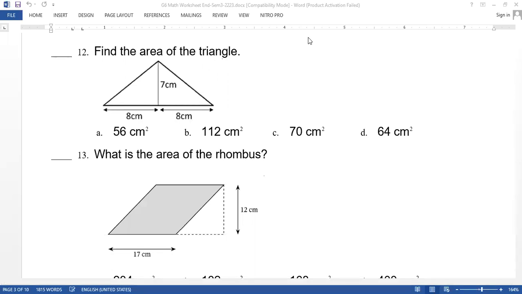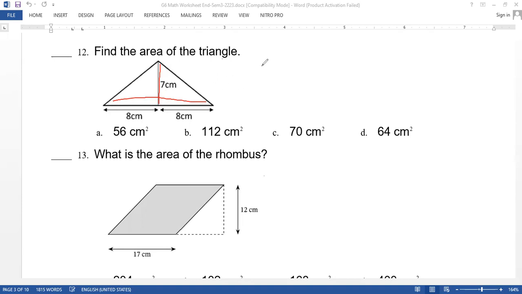Now in the next question, question number 12, find the area of the triangle. Again, we need to multiply the base by the height and divide by 2. So this part of the base is 8 and this part is 8.